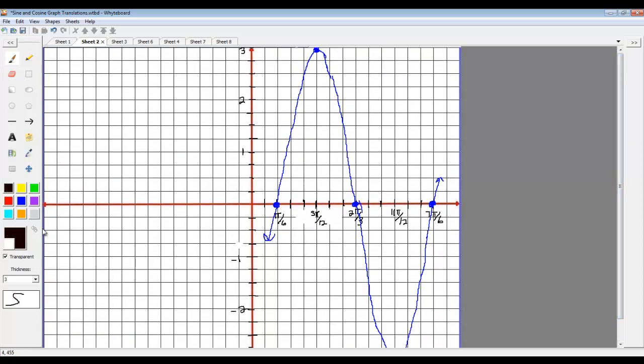And normally the sine graph starts here, and then we're maxing out there. Trying to picture in my mind where everything would be. There.